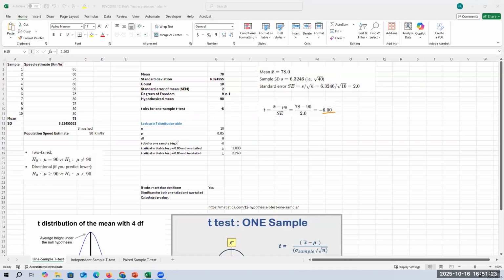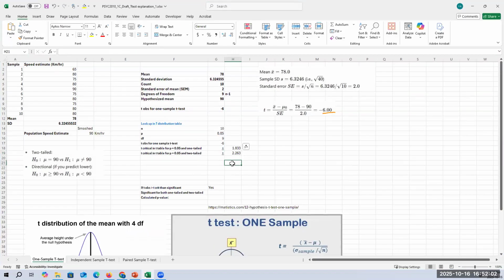T observed for -6. And if you look at that table again for the two-tailed test, so let's do the two-tailed test, which is df 9, p is equal to 0.05, and then we have n is equal to 10. Where did I put that? All right, so I'll bring that later, but in terms of the distribution table, let's see.